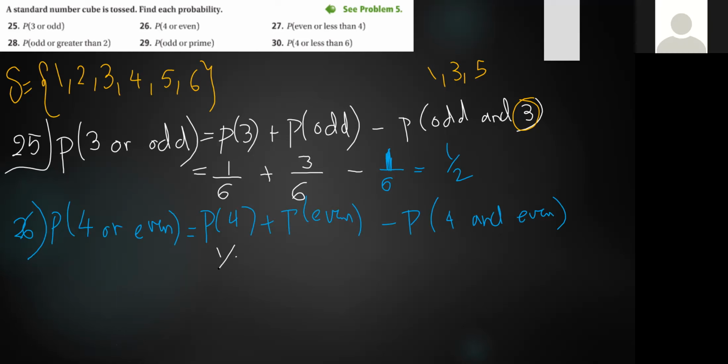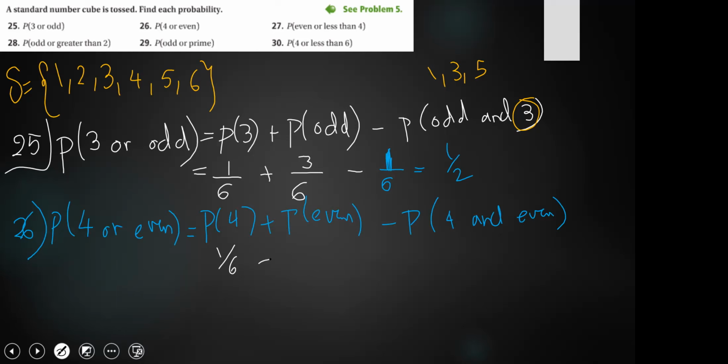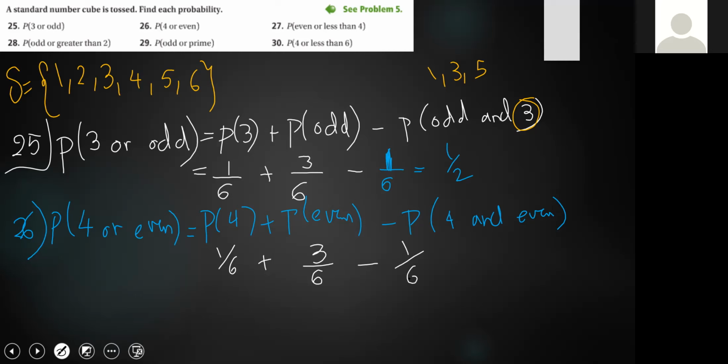Only one number, so 1/6. How many even numbers do we have? 3/6. What is the probability of a number that is 4 and even? 1/6, since we have only one number, which is 4. So we also have one half. This is for number 26.